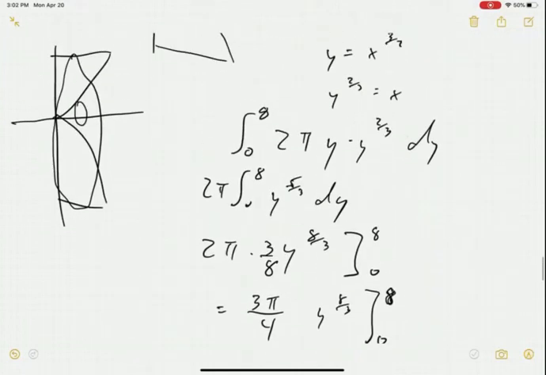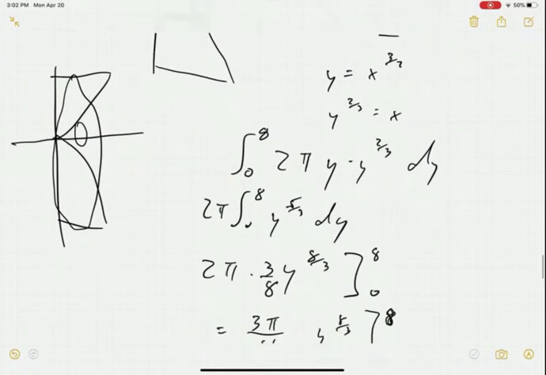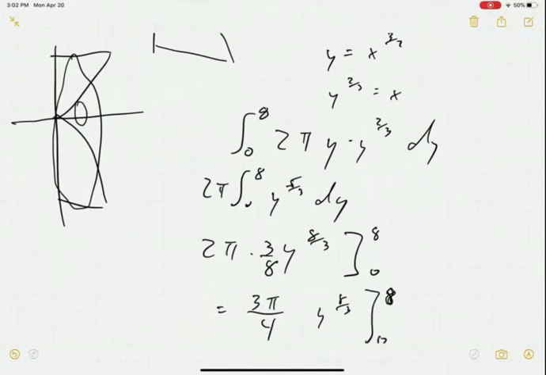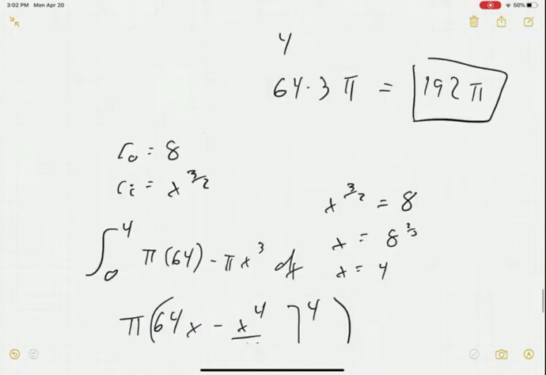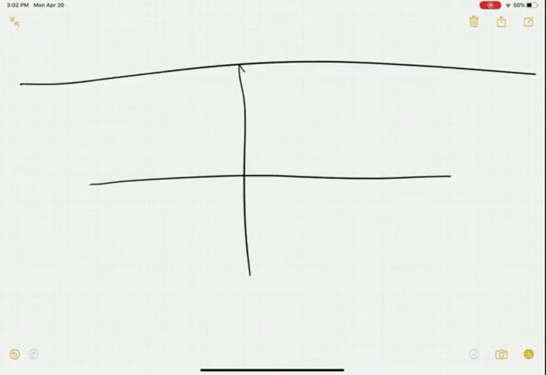Gotcha. But yeah, there will be some of them where we can't solve them either way. That would usually be, say, if at some point the discs and washers would fail. Here's a good example. Let's say we had a curve like this, and we rotated around the y-axis.